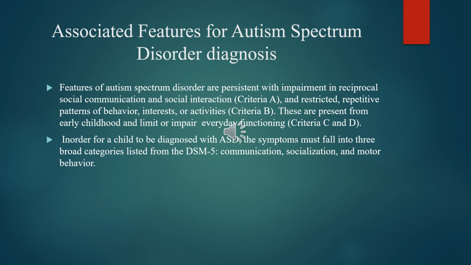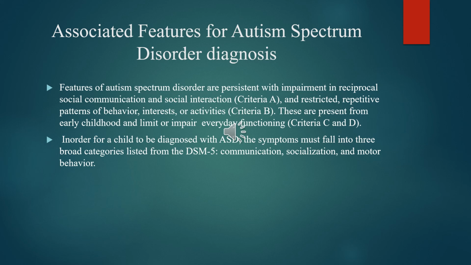and D. Lastly, in order for a child to be diagnosed with ASD, the symptoms must fall into three broad categories listed from the DSM-5: communication, socialization, and motor behavior.